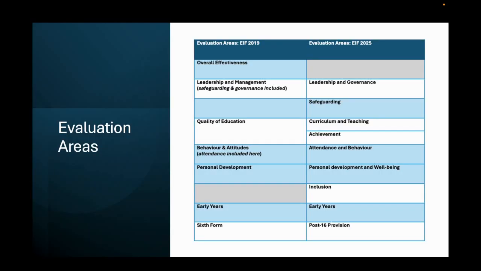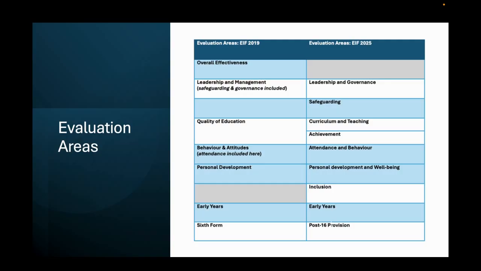Evaluation areas, there is a lot of change around these. In the 2019 framework, there was a grade for overall effectiveness. As we know, that is no longer being used currently, and in the 2025 framework, it's not there.